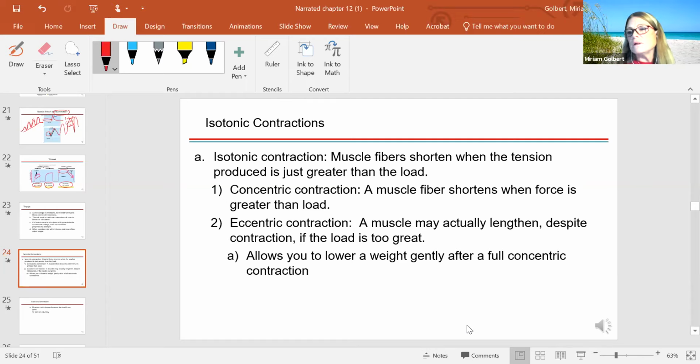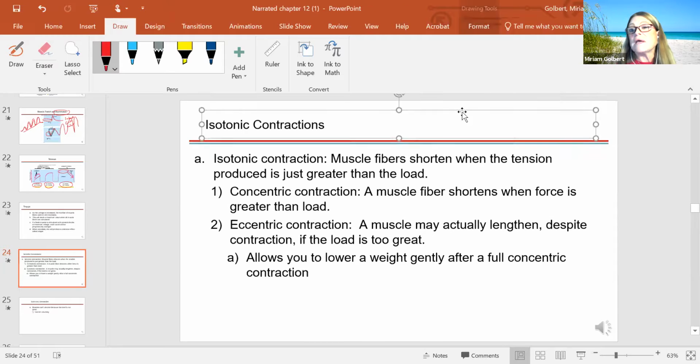Those are typical isotonic contractions. And they can be concentric or eccentric depending on the load. So concentric is when the force is greater than the load. That's the typical type of contraction where you create force enough to lift a specific load. So this is kind of like the common type of contraction.